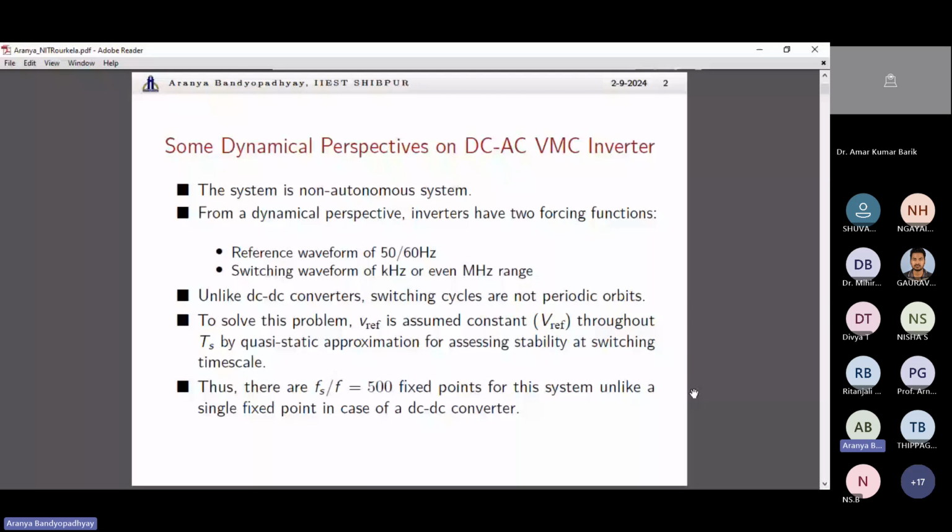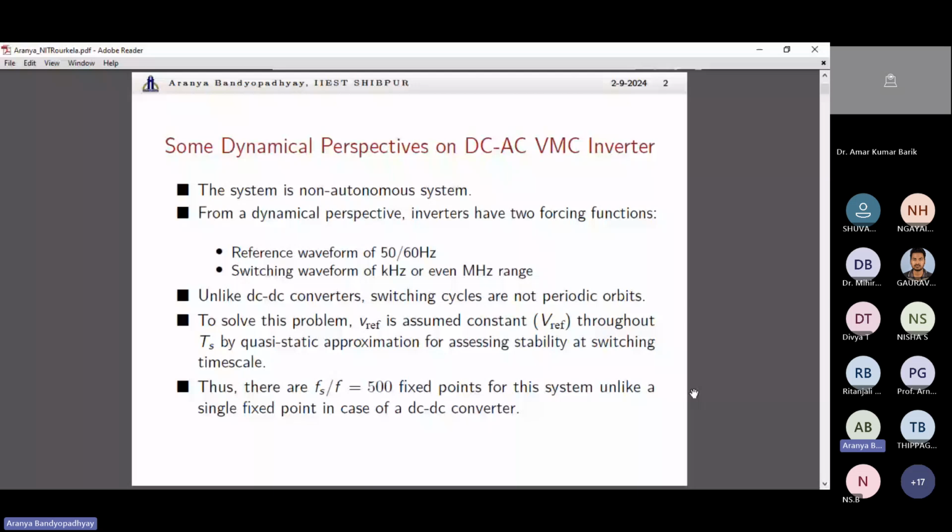But we are going to take the approach of a scientist, not necessarily that of an engineer, at least for the time being. And we are going to see, at least from the theory of dynamics, how the voltage mode control inverter behaves.